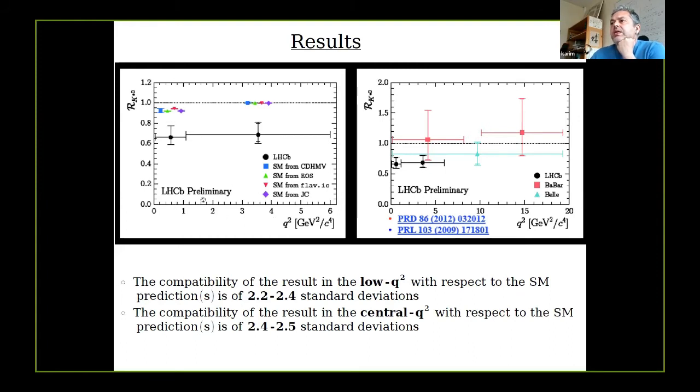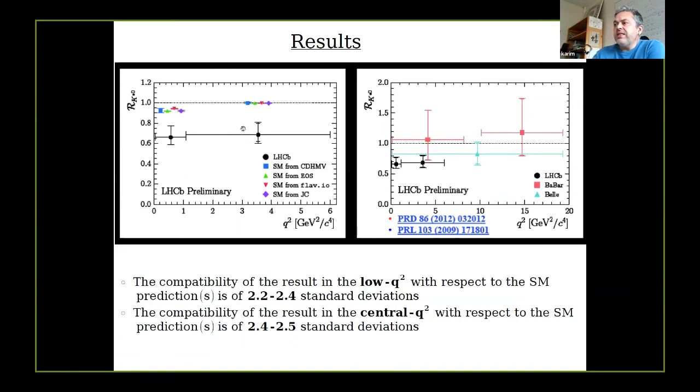Here you can see this R_K star as a function of two Q square bins, and you can see the predictions of different models of the standard model. You have a small effect here due to phase space, but roughly the expectation is at 1, while you definitely see some trend, some deviation.